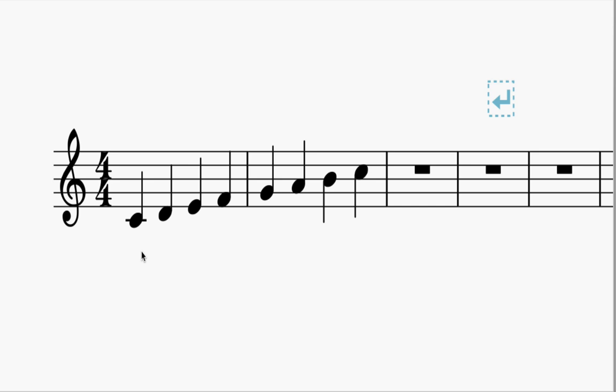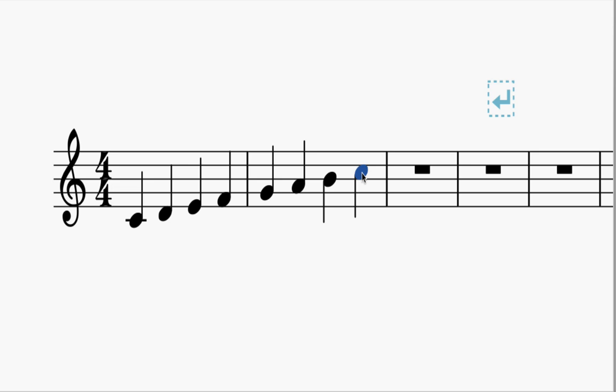Now, if you remember the solfege, those were words that we used to help us sing the notes: do, re, mi, fa, sol, la, ti, do. Now, we don't always use solfege for that.